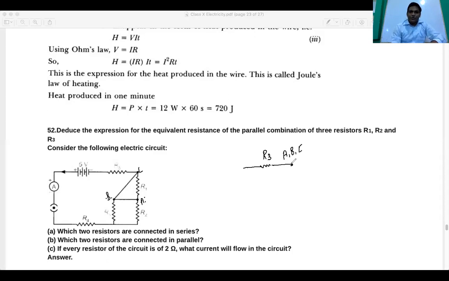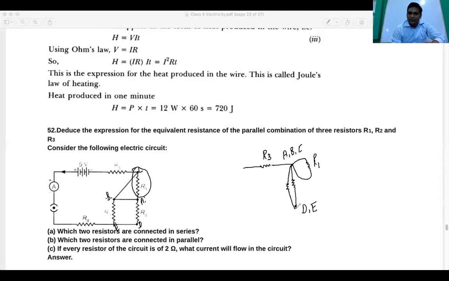So you can see A and C contain one resistance, so it will form a loop like this, because this is the resistance R1. Now from here, let's say these points are D and E. D and E are a single point. In between B and E there is one resistance, and in between A and D there is one resistance.